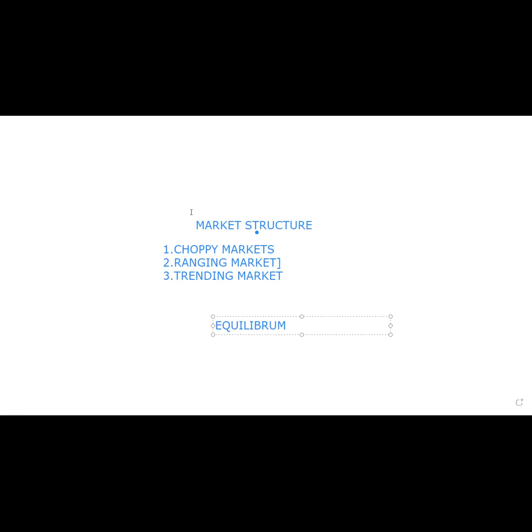So a ranging market could just be that a trend is taking a breathing space or a resting period, and can lead to the same trend continuing after the breakout. After the breakout, full stop.